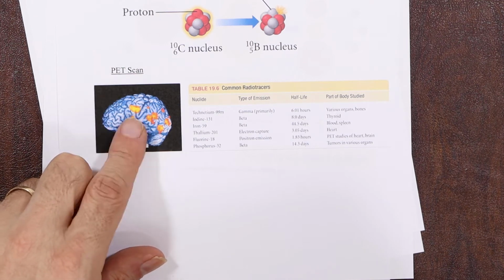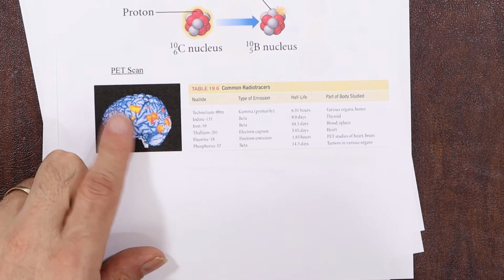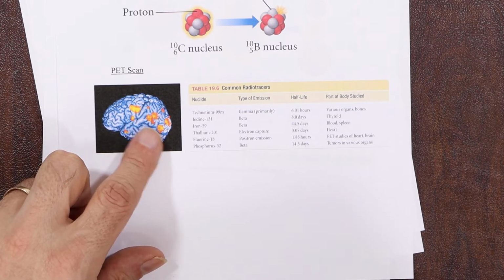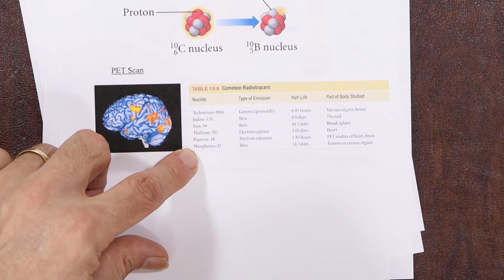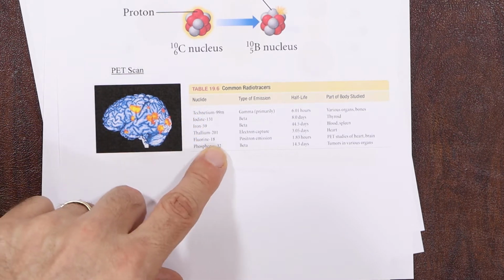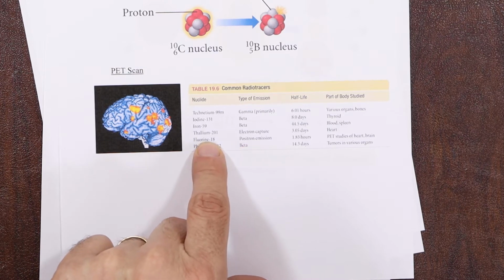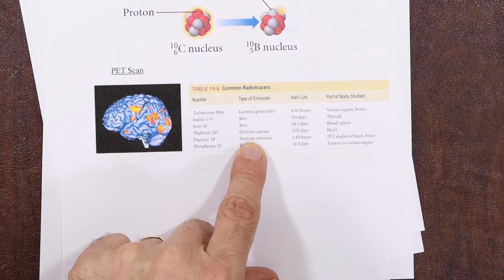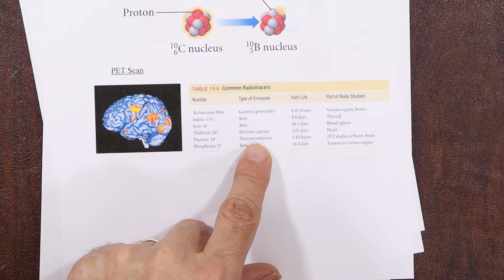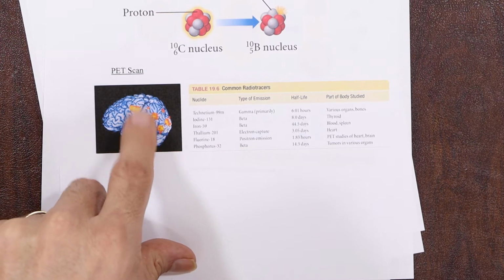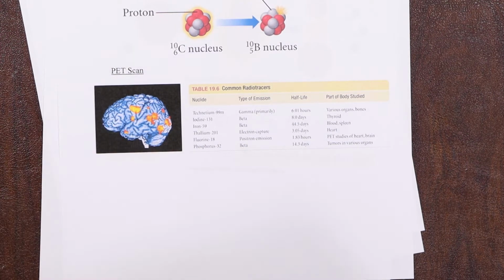Okay, so the PET scanner is a very important tool in medicine. You substitute a fluorine-18 for a hydrogen in sugar, and you have a drink which you take, and then you glow up under a PET scanner, if that makes sense.